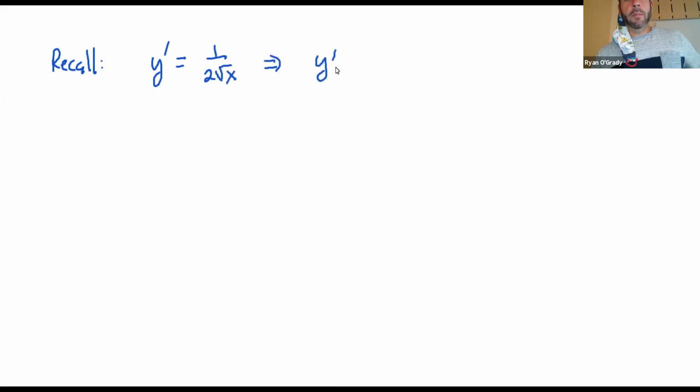So let's recall y prime here is 1 over 2 root x, and that implies that y prime squared is 1 over 4x.